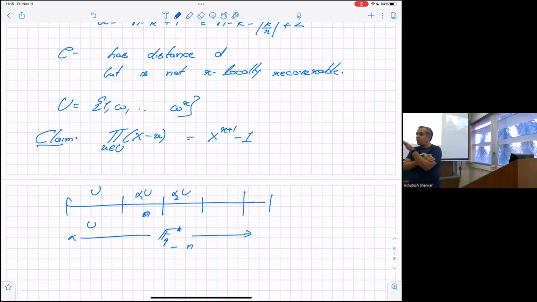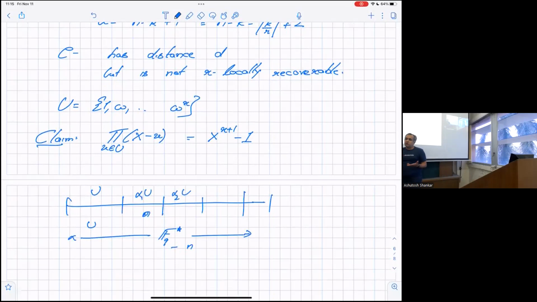So I haven't really told you how I'm going to restrict the Reed-Solomon codeword. I'm going to take a subspace of the Reed-Solomon codewords such that on every such coset, any element can be recovered as a linear combination of the other elements.